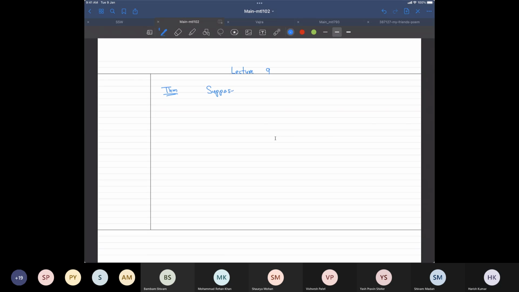Suppose the v_i are generalized eigenvectors of an n cross n matrix, then they are linearly independent.